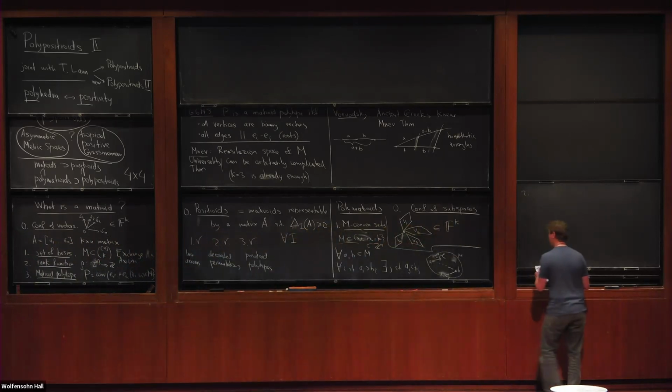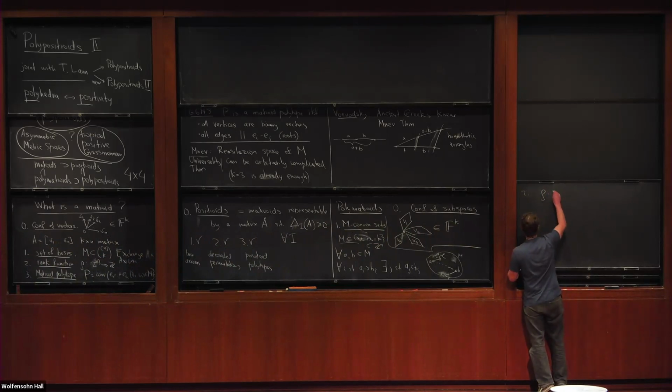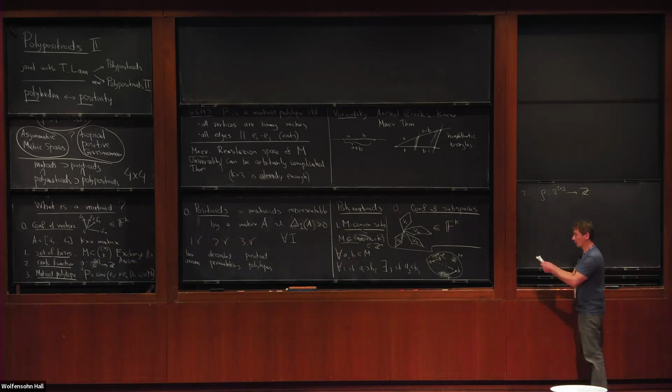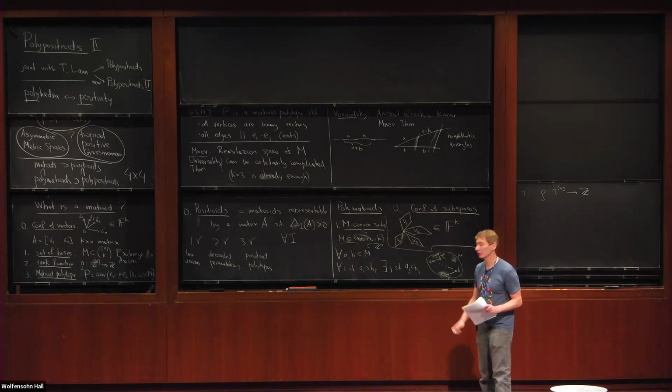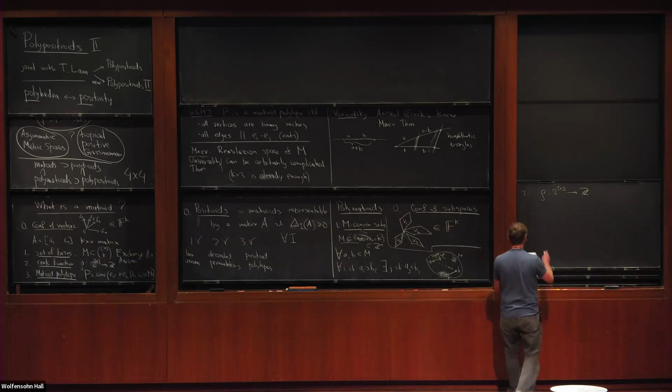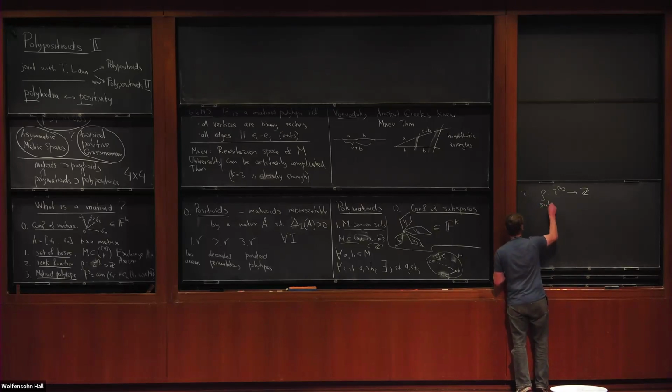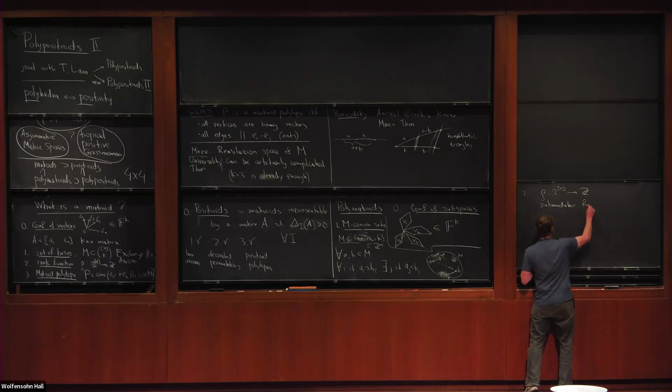But another way to think about them is in terms of rank functions. Rank functions, again, are functions on subsets that satisfy one important condition, called the submodular condition. Submodular function.